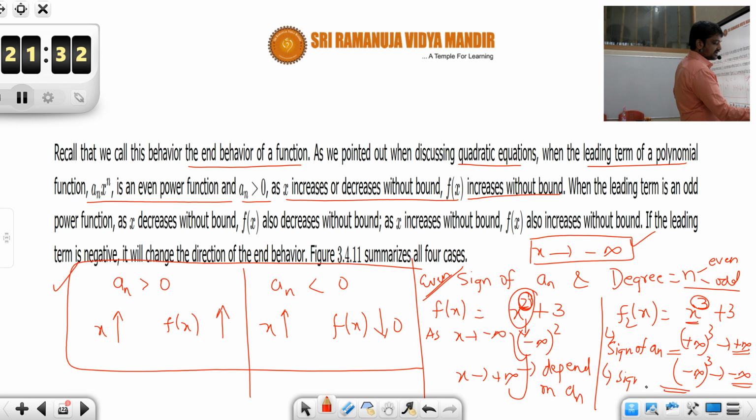When the degree is even, look at the coefficient of the leading term. If the coefficient of the leading term is positive, then as x tends to plus infinity, at this end, the graph would be reaching plus infinity.